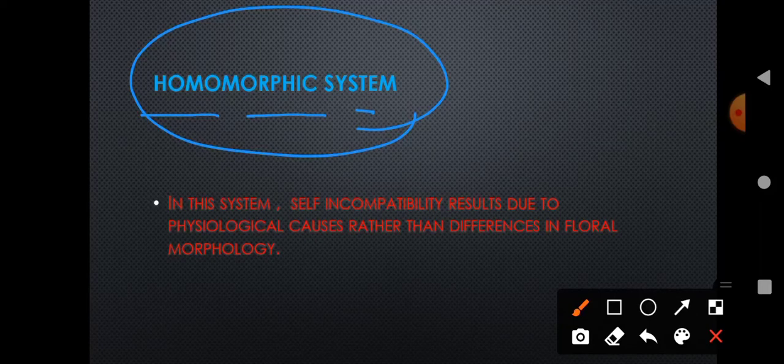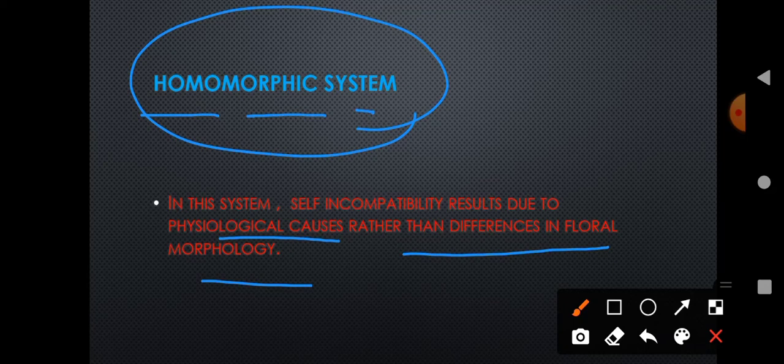So in this system, self incompatibility results due to physiological causes rather than differences in the floral morphology. So there are no differences in the floral morphology, but there are physiological causes due to which this system is working, right? So what are the physiological causes?